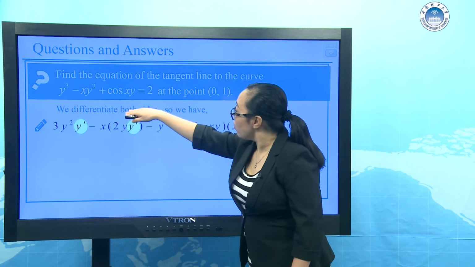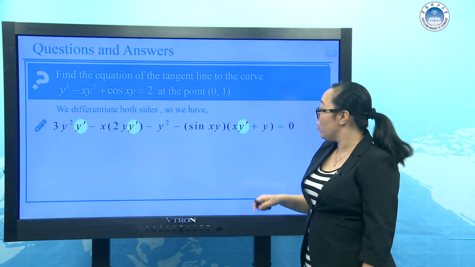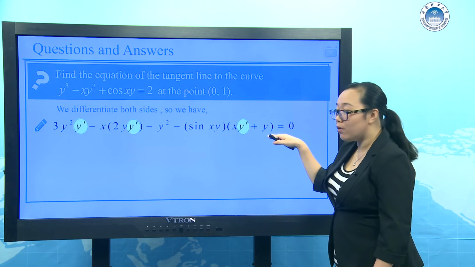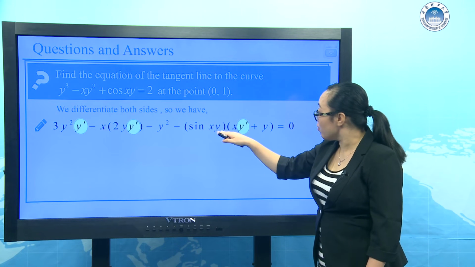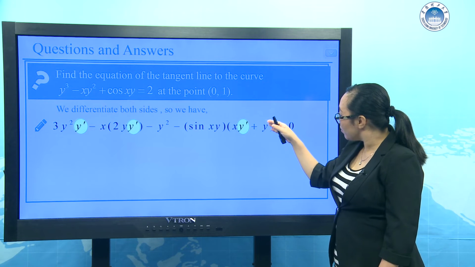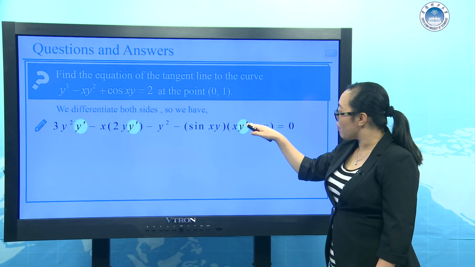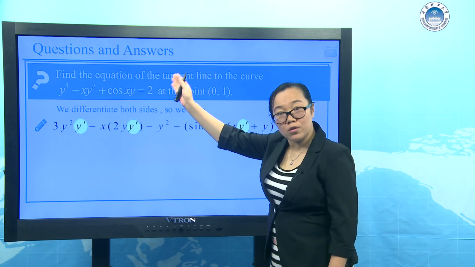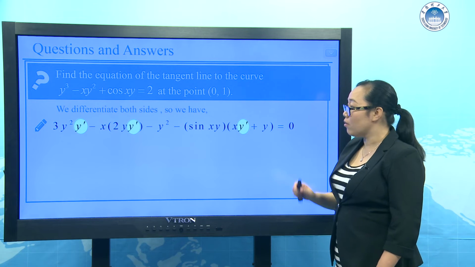Plus the derivative of cosine u equals minus sine u times u prime. It is the chain rule. Here u prime means x prime, 1 times y, plus x times y prime, equals 2 prime. 2 is a constant, so 2 prime equals 0.